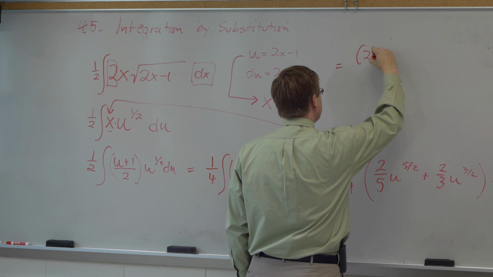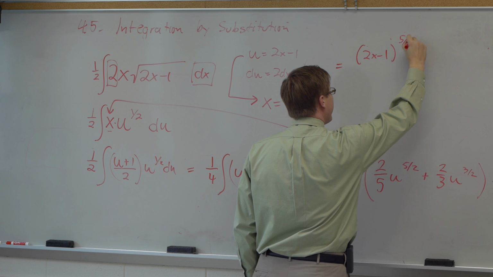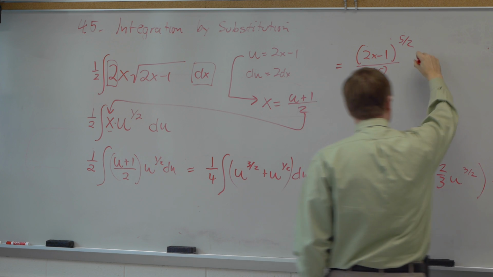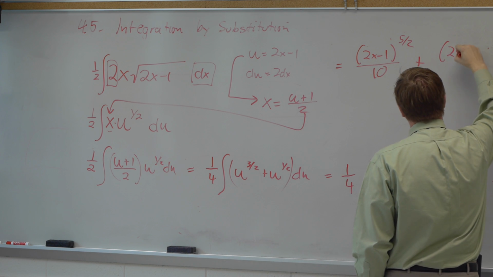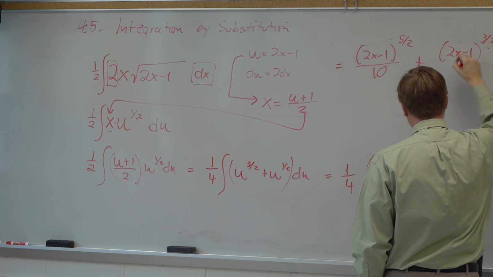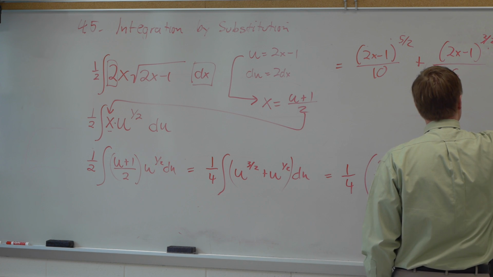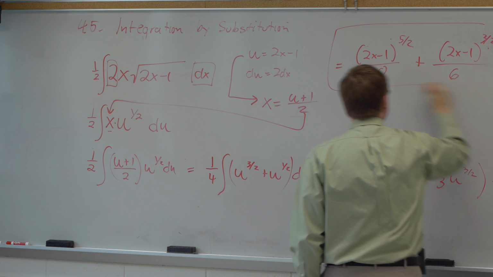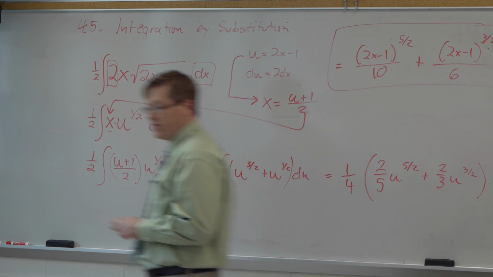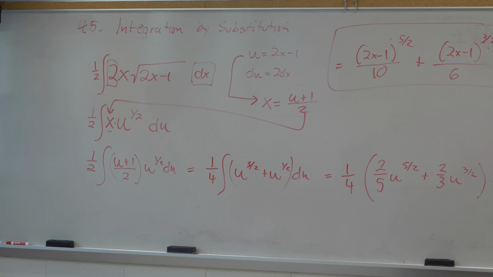And I'll get (2x minus 1) to the 5/2 over 10 plus (2x minus 1) to the 3/2 over 6 plus c. Final answer.